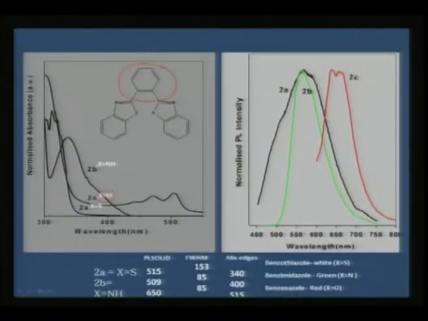You see here oxazole, after a sharp bandage here around 350 nanometers, you see that there is a tailing, and this extends up to the entire visible region. Oxazole seemingly is having a band gap which is much lower.